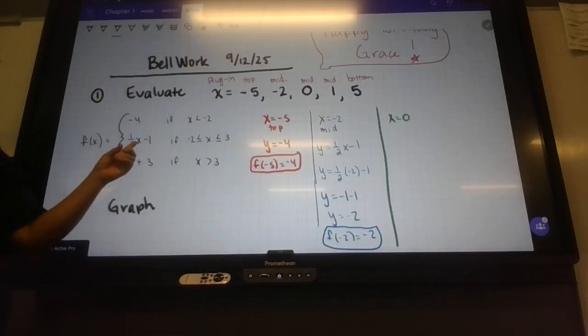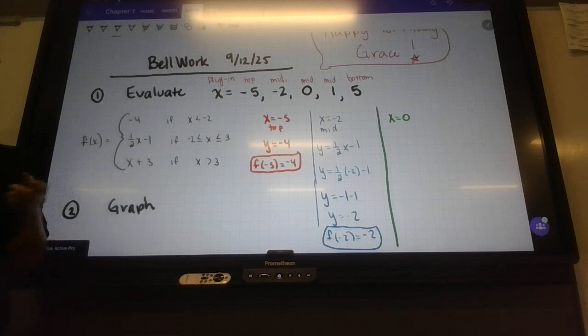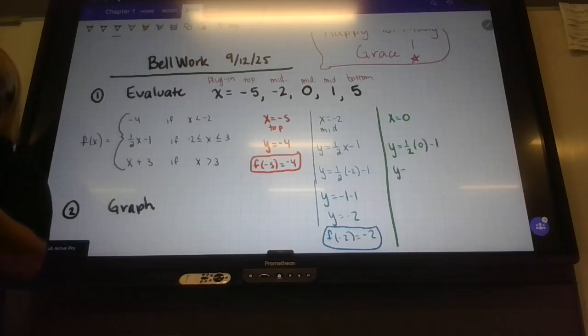Now I'm going to put a 0 into the middle. And that answer is -1. So I'll say f of 0 equals -1.